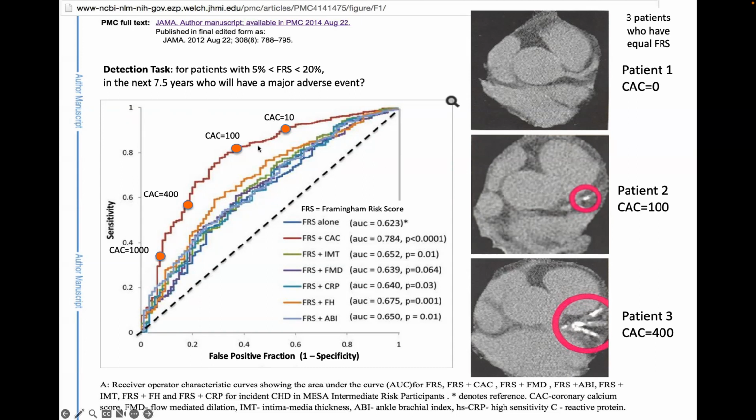So you say, well, if anybody is over 100, we're going to call them positive. We're going to say we predict they will have a heart attack. 80% of the people that do have heart attacks, you will predict correctly. However, you will also tell about 35% of the people that will not have heart attacks that they probably will have a heart attack. So that's this ROC curve.